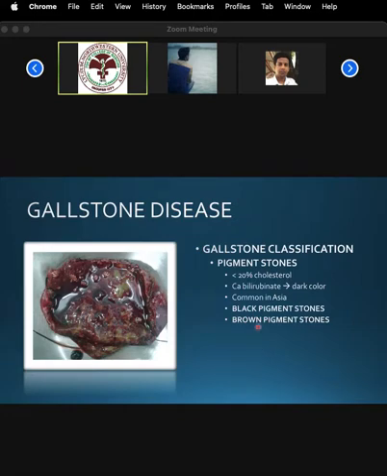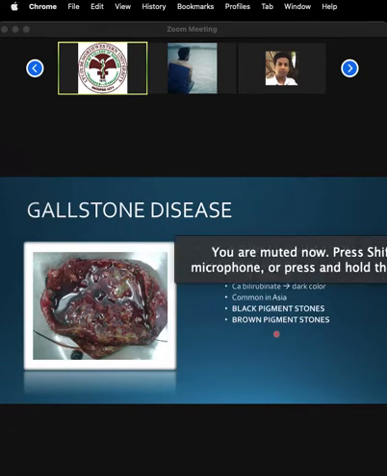Now, your brown pigment stones, as compared to your black pigment stones, are more common in Asian populations, and they may be related to parasitism. Okay? They may also be secondary to strictures or common duct stones with stasis plus bacterial contamination. Okay?